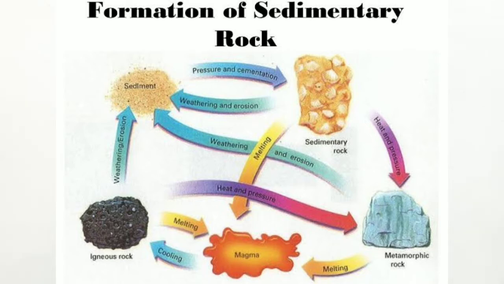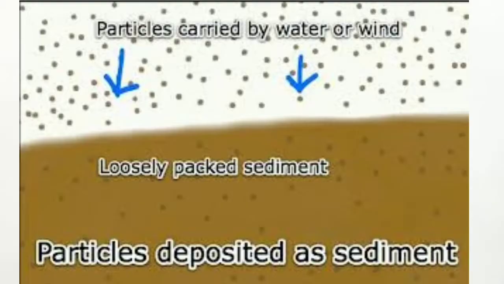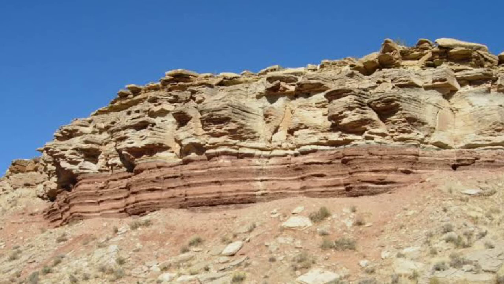Other rocks, when they are broken down due to weather agents like fast running water, strong winds, or any other weather conditions, break into smaller pieces. And when these pieces of rocks are carried from one place to another by the action of wind and water, they are deposited in another place.